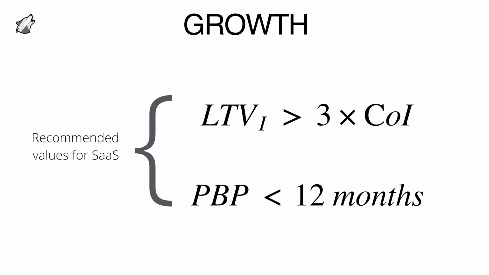So the growth now, with all of those elements in place, can be calculated with these two variables. This is exactly the same formula for SaaS, the customer type of identifying growth in a regular SaaS company. So on one side, you're saying that the lifetime value for each integration, the integration that you're studying, needs to be at least 3 times the cost of the integration.